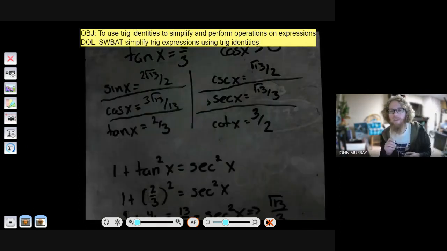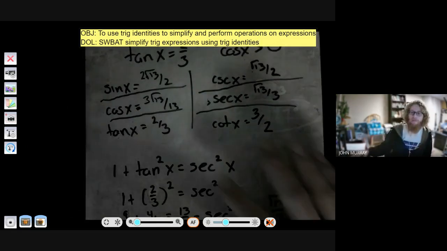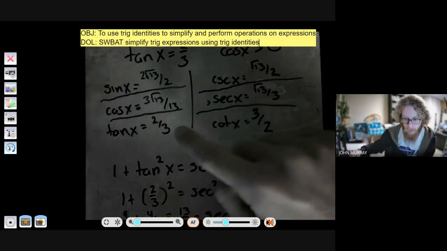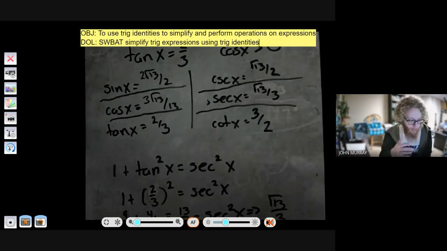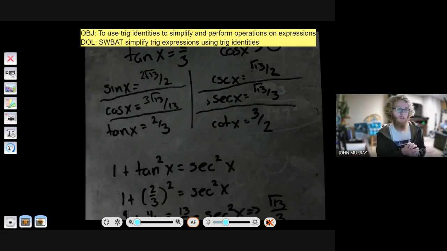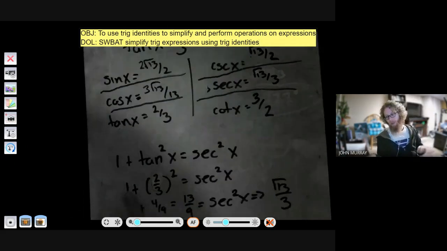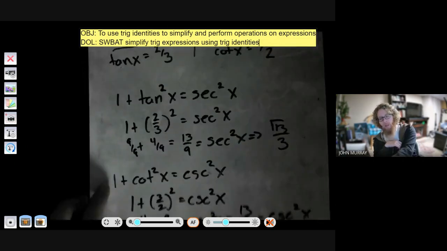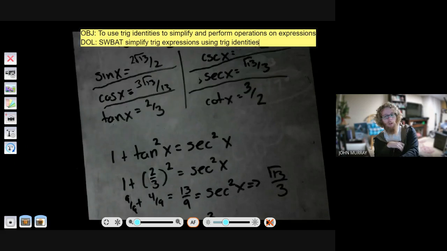Now, you may have used other methods to find sine and cosecant, right? But the first two, doing the reciprocal and then finding secant, you're kind of pigeonholed into using the methods that I used here with the Pythagorean. Okay, but we didn't have to use a second Pythagorean. I could have used different methods.